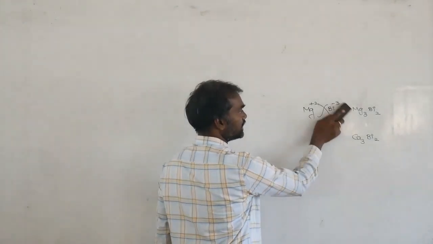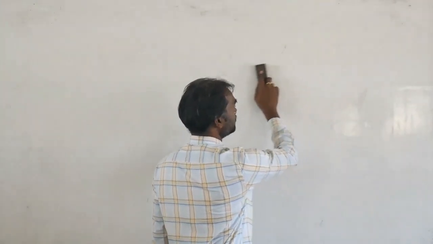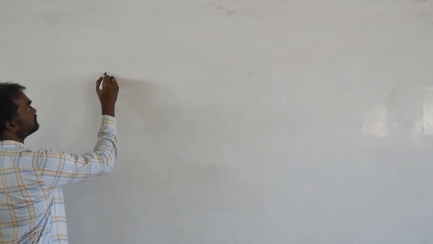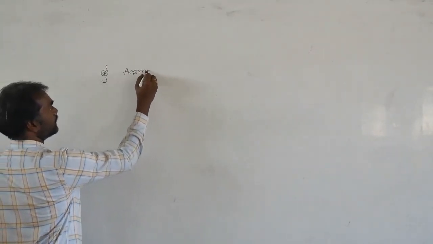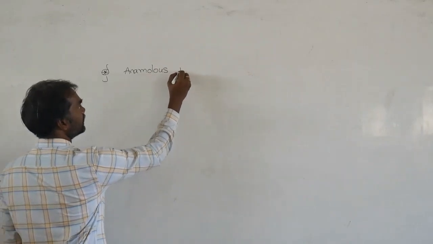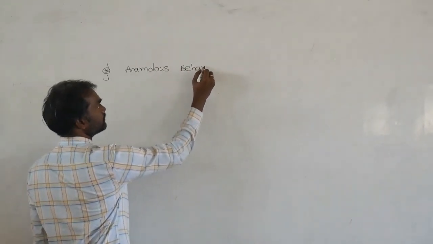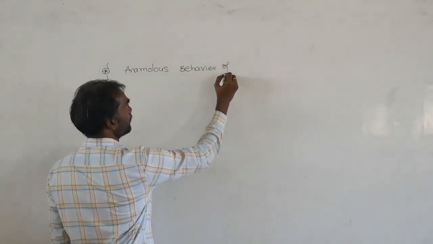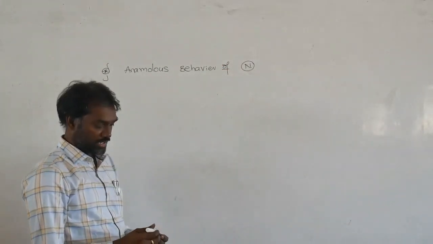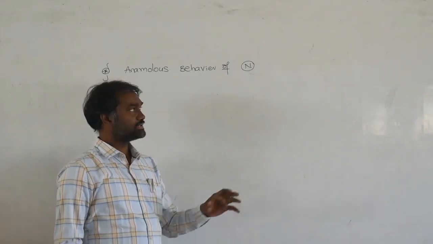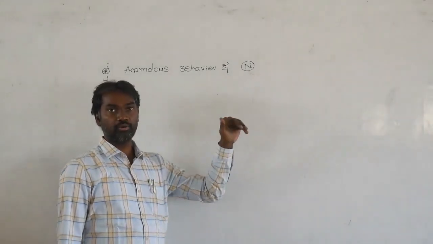So next, the important point is the anomalous behavior of nitrogen. Not only in every group, the first element has different characters compared to all other elements.